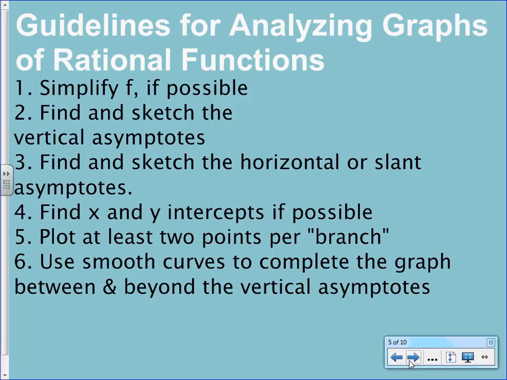Each chunk of the graph, I need at least 2 points so you can get a general shape. Once you have enough points, you can connect your points with a smooth curve, a lot like polynomials. We have to be nice and smooth. And with our knowledge of our asymptotes, we know what our curve should approach.